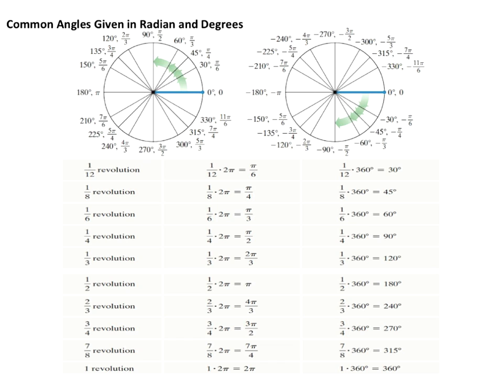Okay, so this particular slide, we don't have any work to do on it. I included this in your notes because it's a really good reference point to have. This is one of those pages that you will want sitting in front of you when you take this test.